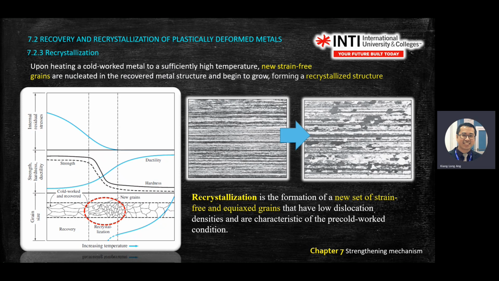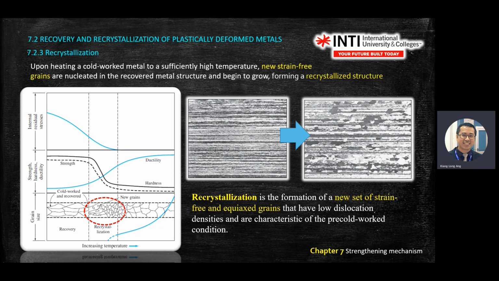This is the textbook definition for recrystallization: a new set of strain-free and equiaxed grains, or in more simplified words, a new set of grains that have a low dislocation density and are characteristic of a pre-cold-work condition. The important words for recrystallization are new grain.